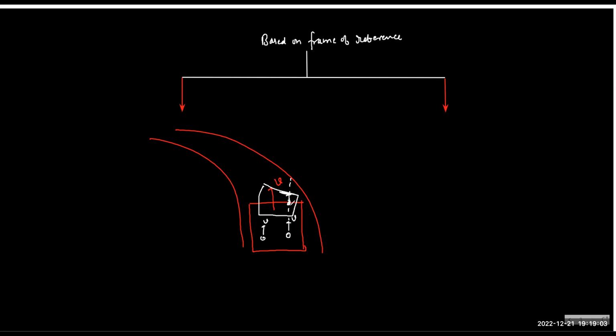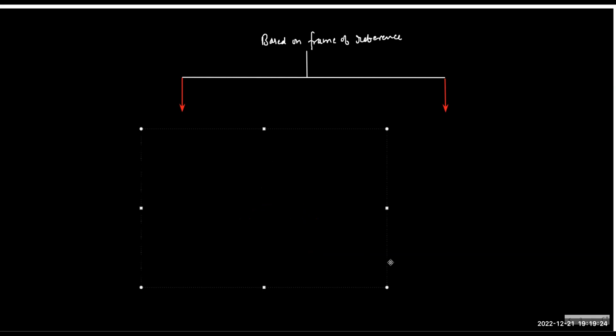So the force which is not actually existing, you are naming it because you are feeling it, because you are in a different frame of reference. And that is why we have a classification of force as per the frame of reference. The classification is called a real force, the force which actually acts, and sometimes the perception.